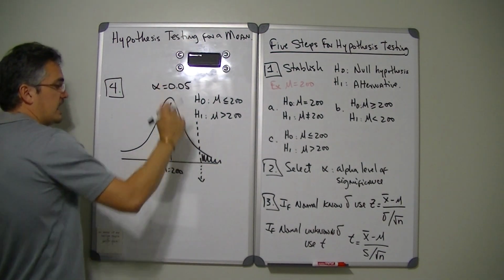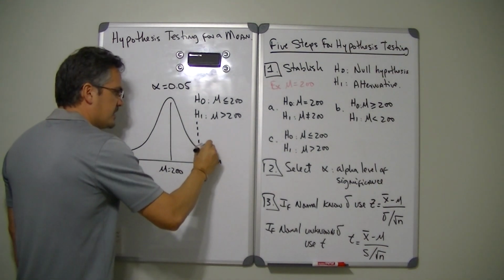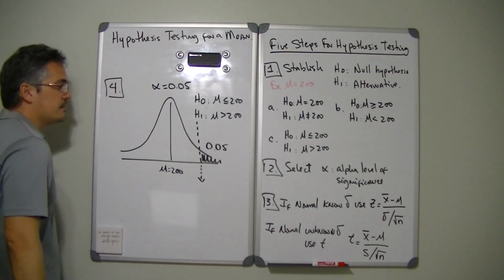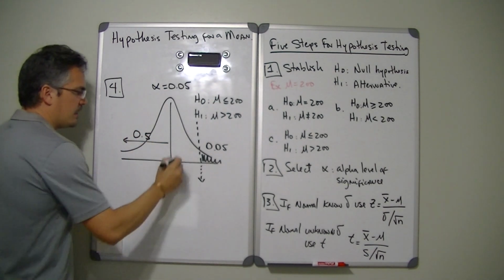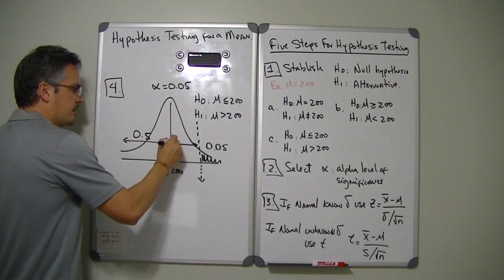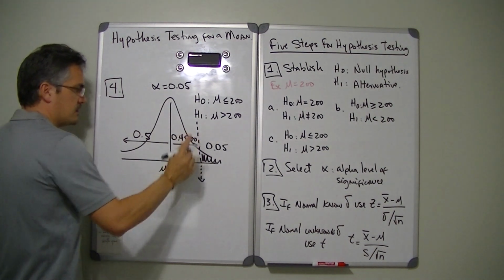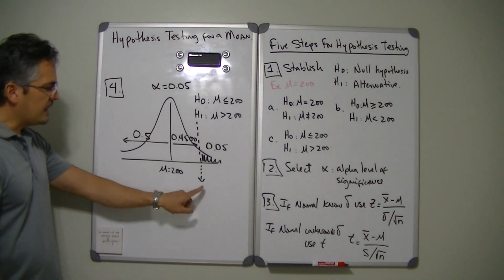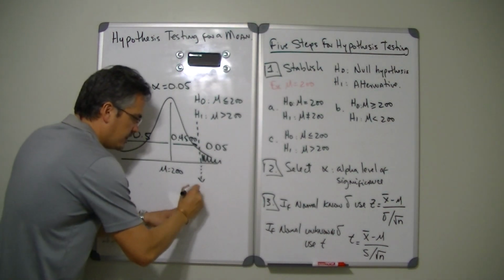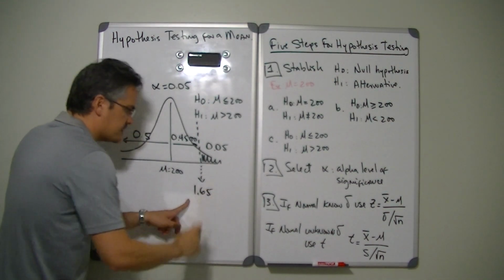Now because we're using alpha 0.05, my rejection area is going to be 0.05. Then this portion here is going to be 0.5, and whatever is missing in there is going to be 0.4500. Because we just did 0.4500, I know that the critical value I have to put in here is 1.65.